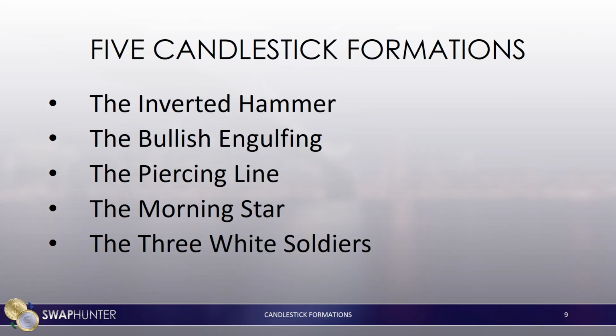Now, tonight we're going to focus on 5 candlestick formations or patterns. We've got the inverted hammer, the bullish engulfing, the piercing line, the morning star, and lastly the 3 white soldiers. There are many different candlestick patterns that can give traders a signal to buy or sell an asset.